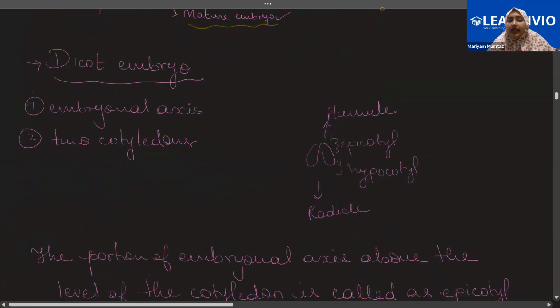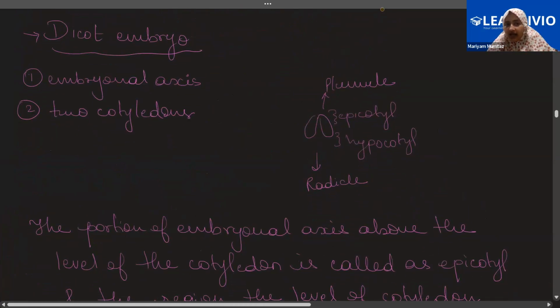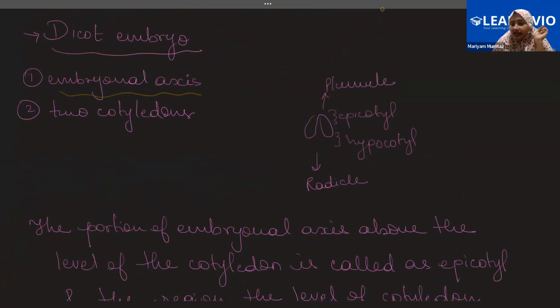Now talking about the embryo of a dicotyledonous plant, it has two things. It has an embryonal axis and attached to that axis, it has two cotyledons because it is dicot. So this is an embryonal axis. Attached to it will be two cotyledons because it is dicot.